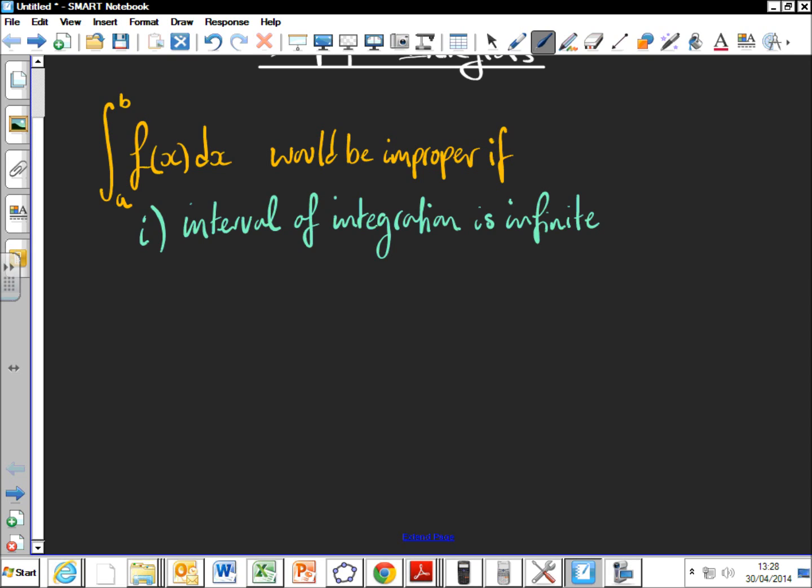I.e., if A equals plus or minus infinity, so let's put plus or minus infinity in there, or B equals plus or minus infinity.